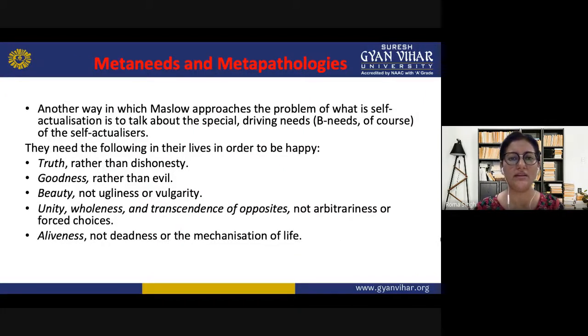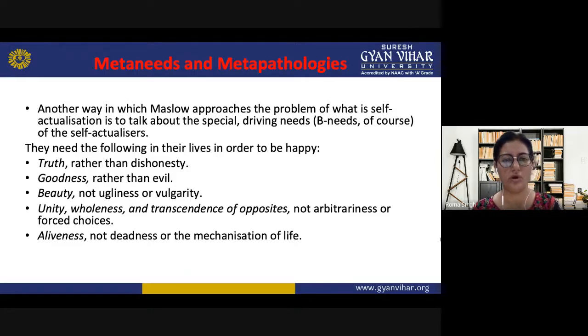Then there are meta needs and metapathologies. Another way in which Maslow approaches the problem of what is self-actualization is to talk about the special driving needs, B needs, of the self-actualizers.